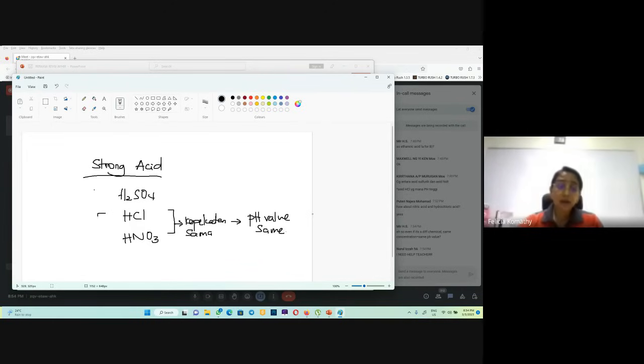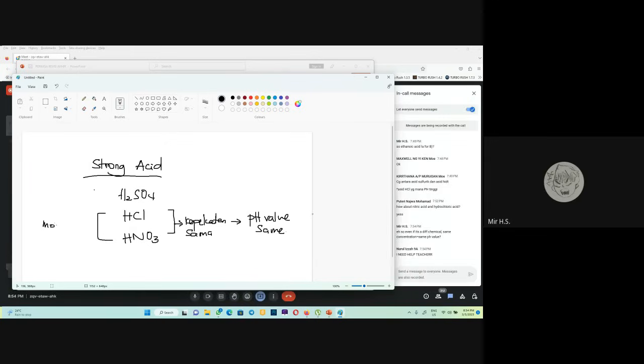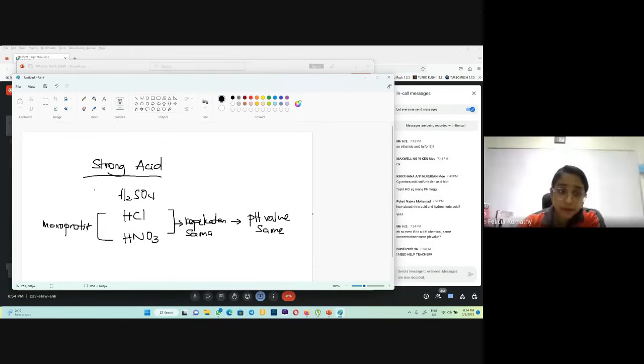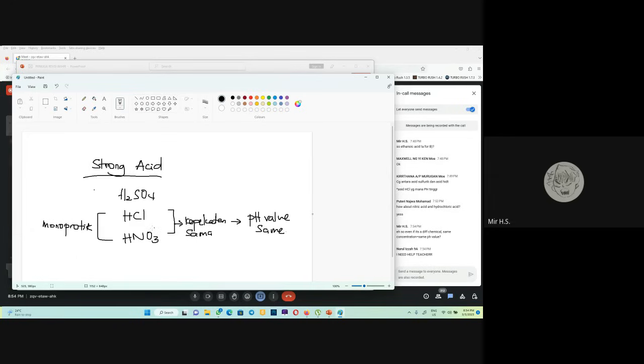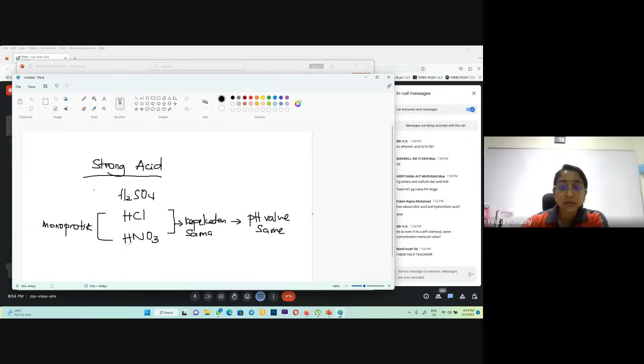Because both are monoprotic. Both are monoprotic acid. Dua-dua menghasilkan kepekatan hidrogen yang sama. Kalau kepekatan asid itu sama, maka pH value mesti sama lah. Okay? Unless kepekatan berbeza, maka dia ikut kepada kepekatan pH value dia.